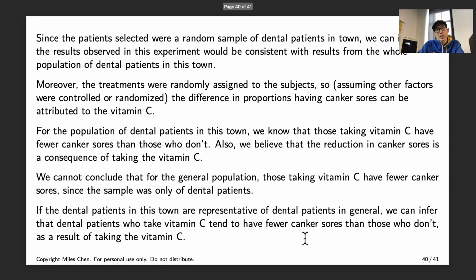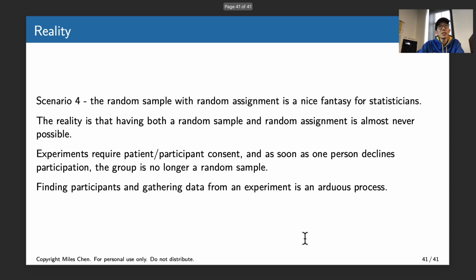This last situation where we have both random sampling and random assignment is kind of a fantasy situation that almost never happens in real life, okay? Because anytime you do an experiment with random assignment, you have to get consent from the people participating in your study. As soon as somebody says, no, I don't want to participate in your study, it's no longer a random sample, okay?